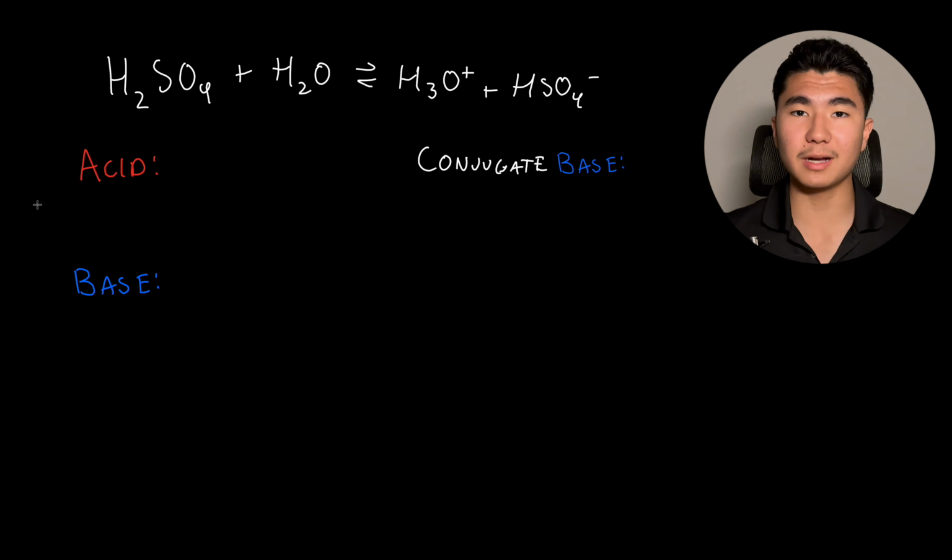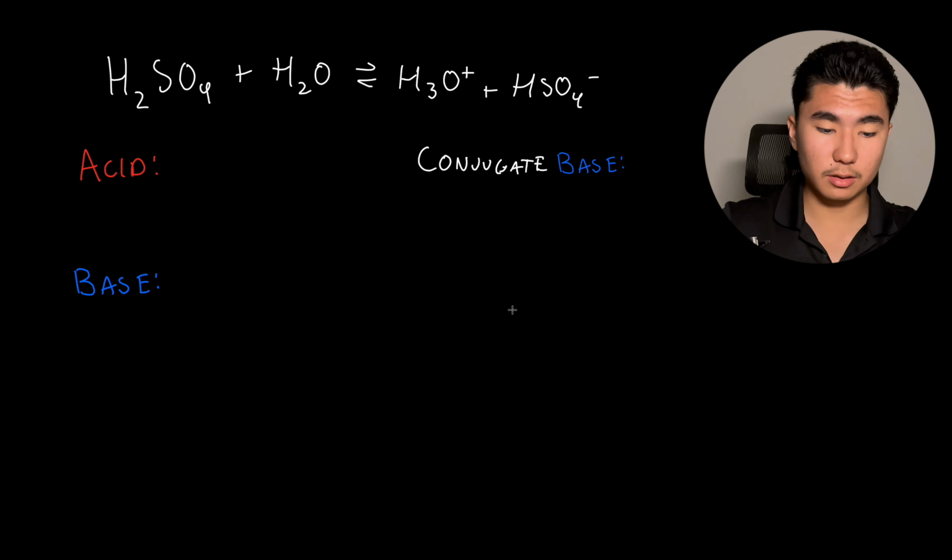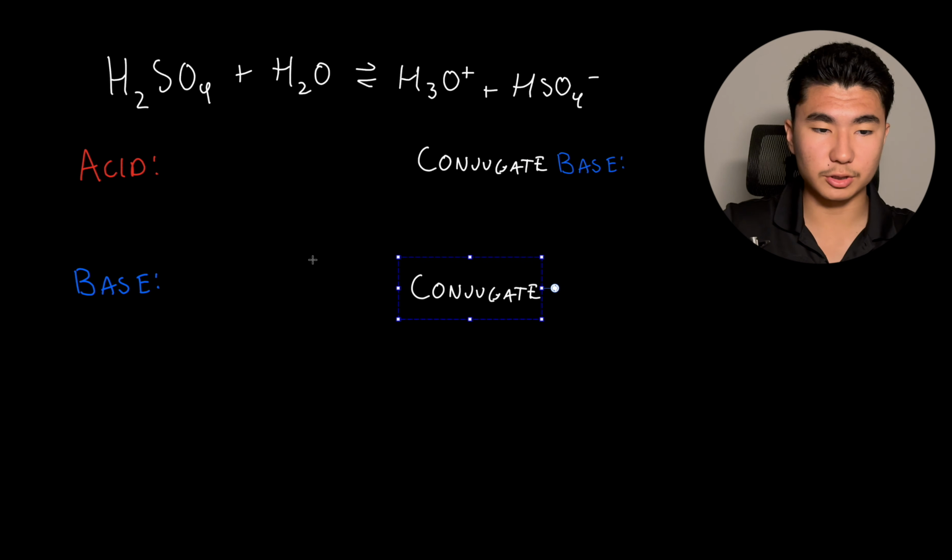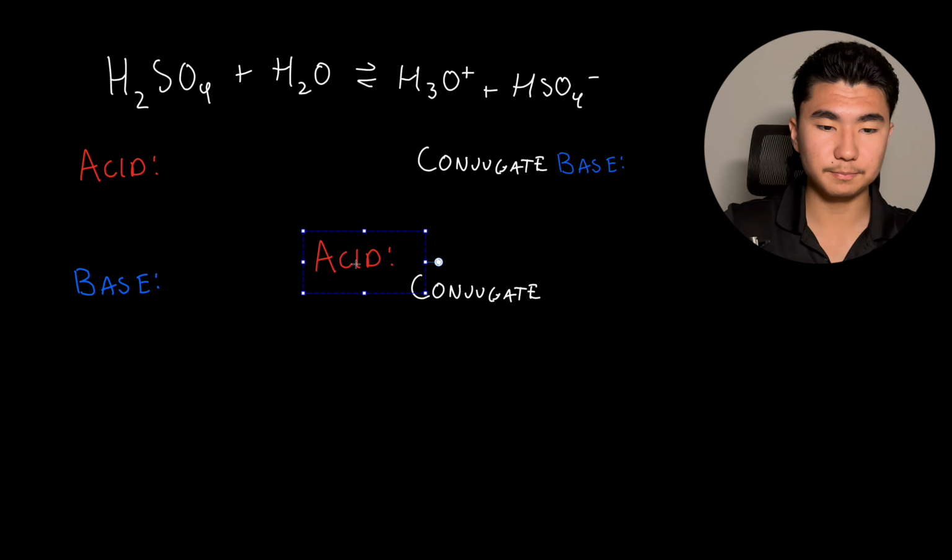Then we're going to have conjugate acid right here. So now we got all that labeled. Pause the video and see if you can identify which one is the acid and the conjugate base, and which one is the base and conjugate acid.